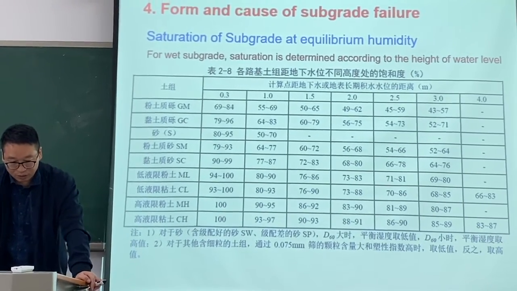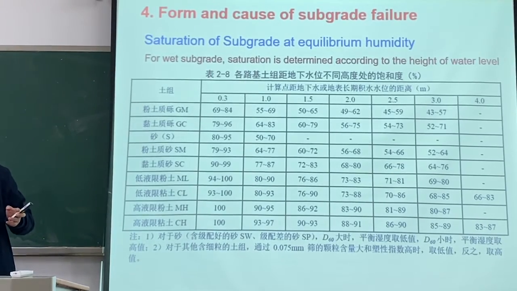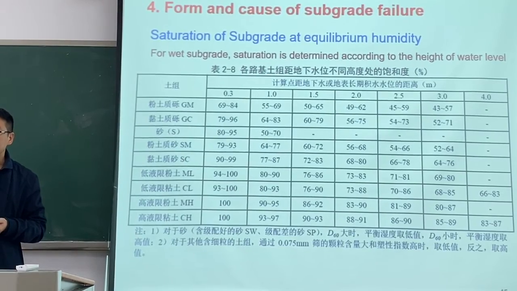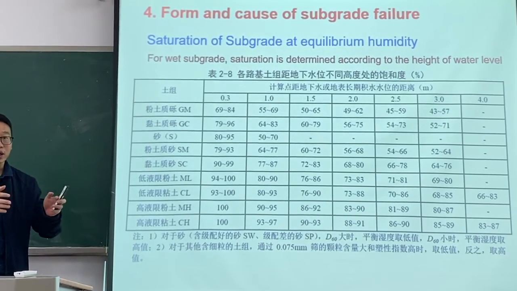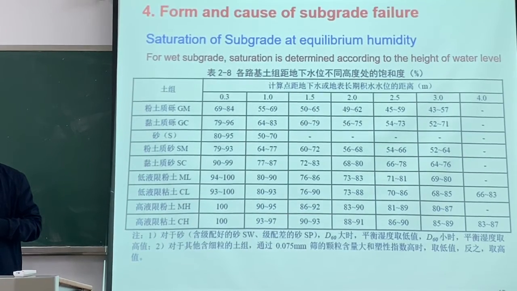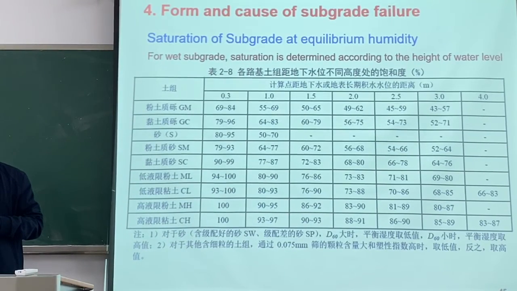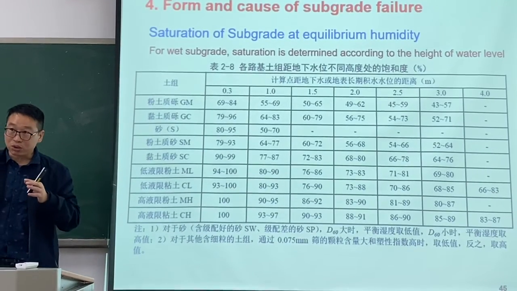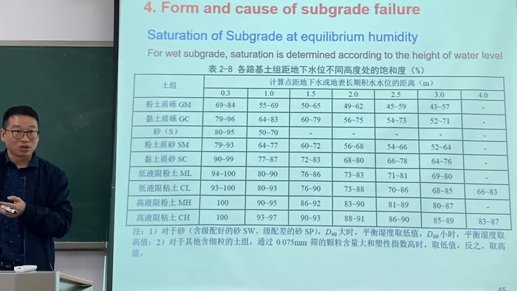Because in high limit clay, the capillary rise is higher than in sand soil. So for different kinds of soils, the capillary rise is different.